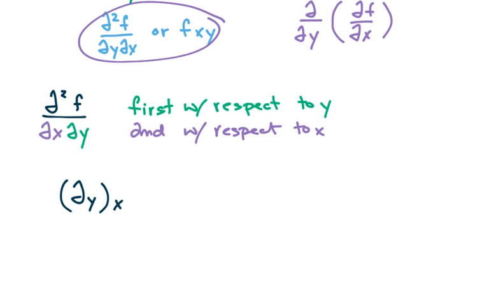So here's another notation. And this would say differentiate first with respect to y, right? That y is on the inside. We deal with that first, and then we apply that outside x.